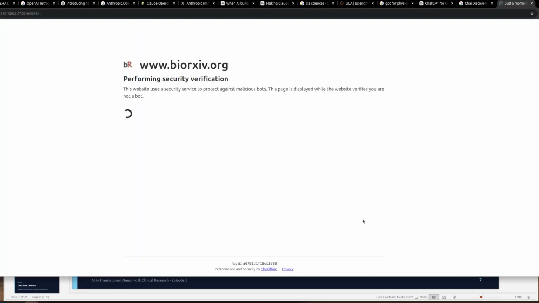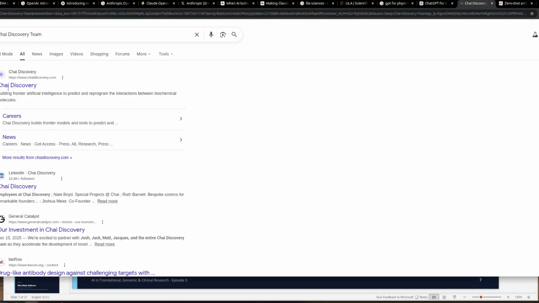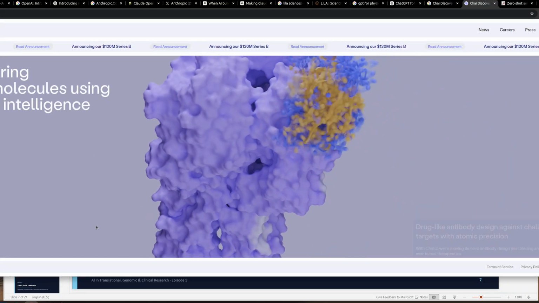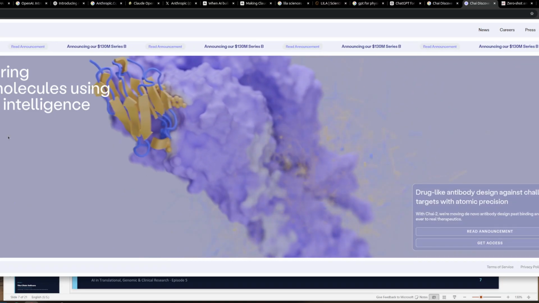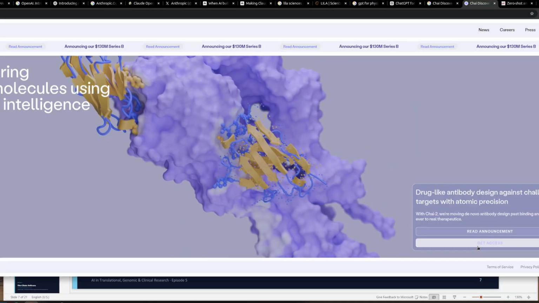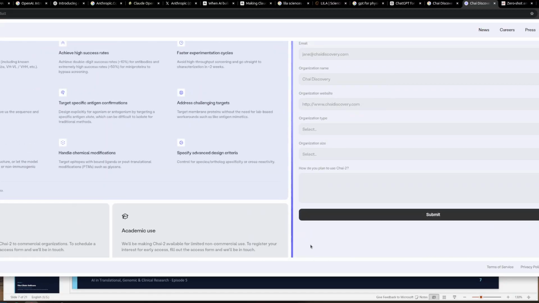Let's see. I am sure the people who are watching probably know it already. So, engineering better molecules using artificial intelligence. One of the ideas is de novo protein design, and I like the idea of accessing it there.